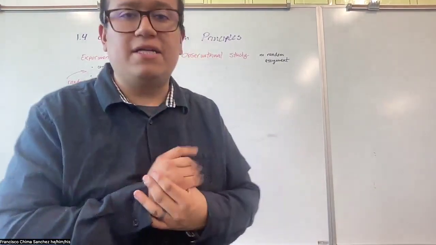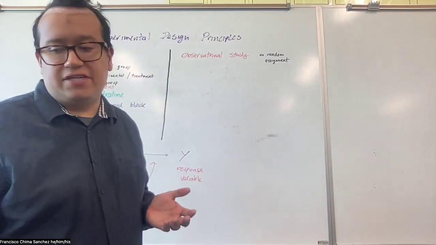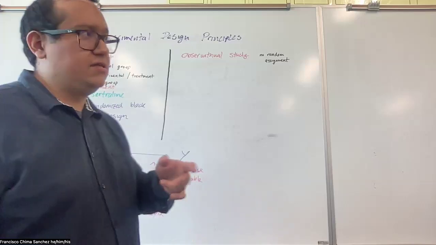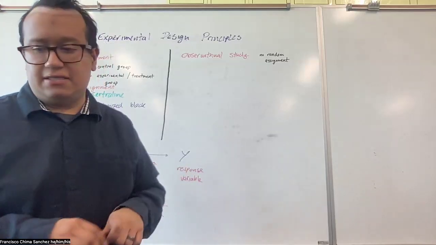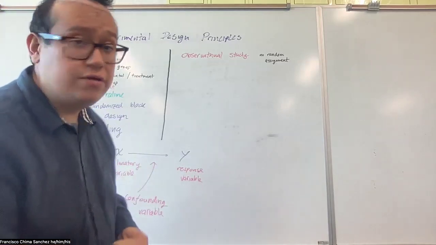We'll get into informed consent in the next video, but that's an instance in which you would want an observational study. Now, there's three different kinds of observational studies that we're interested in this class. The first being what we call a longitudinal study.